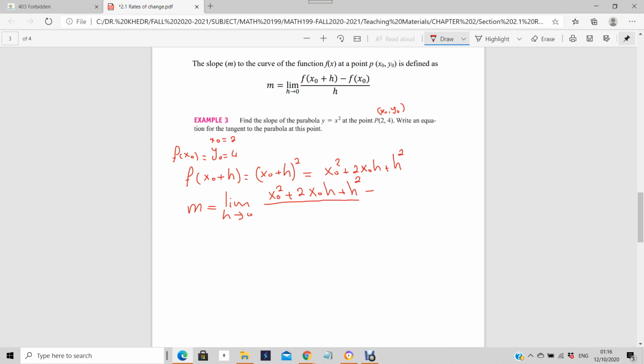This is f of x0, it's 4, right? All divided by h. And we can substitute x0 by 2 because we know x0.